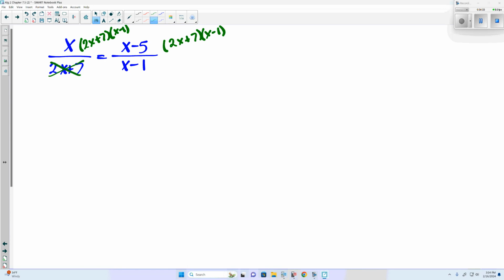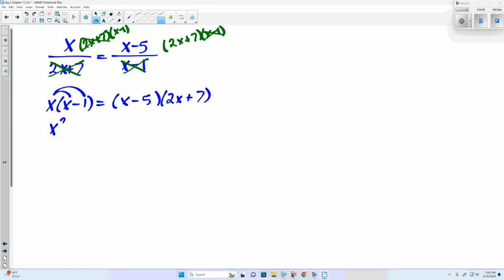On the left, 2x plus 7, 2x plus 7 would cancel. On the right, x minus 1 would cancel, leaving us with x times x minus 1 is equal to x minus 5 times 2x plus 7. Now at this point, we would distribute.